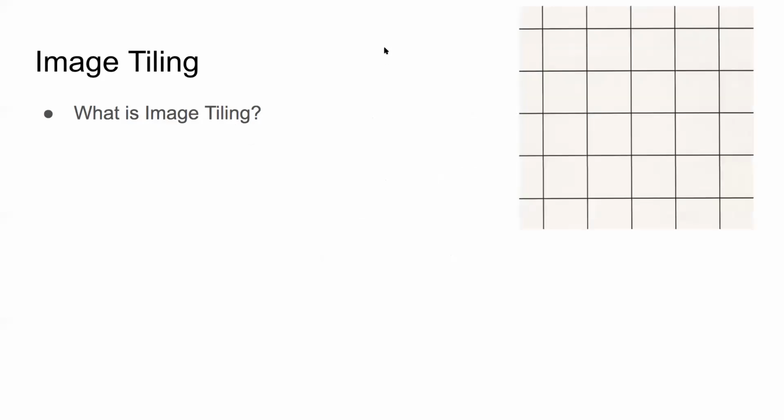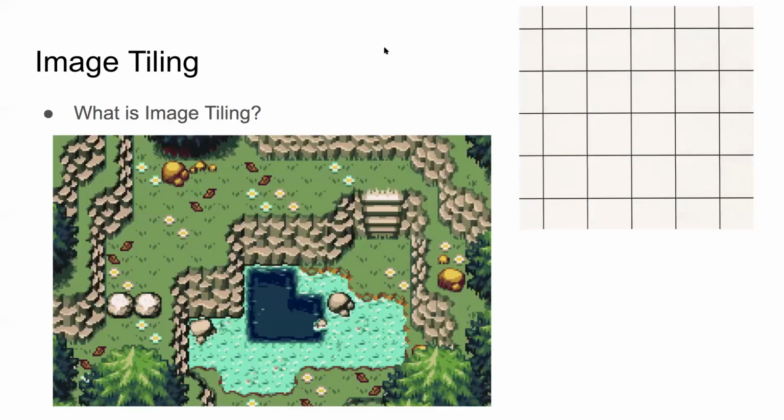Well, one place you might have seen it is in old 8-bit video games. In the early age of game development, space, memory was a huge limiting factor. And so what game developers did was they would have a small set of images called the tile set.